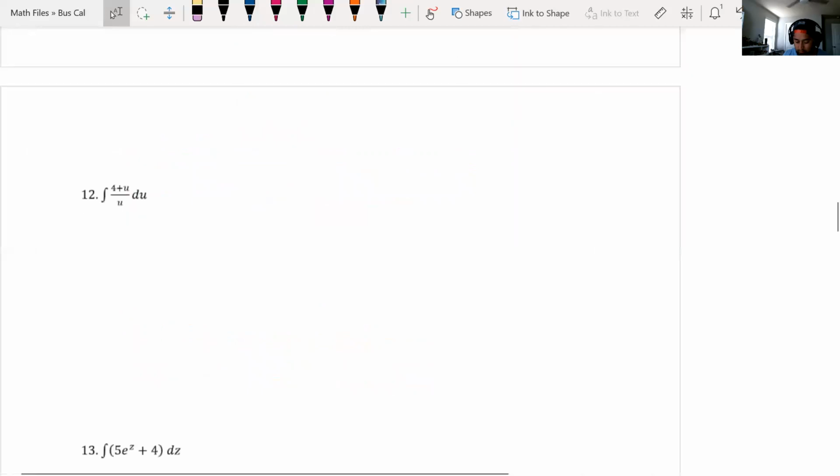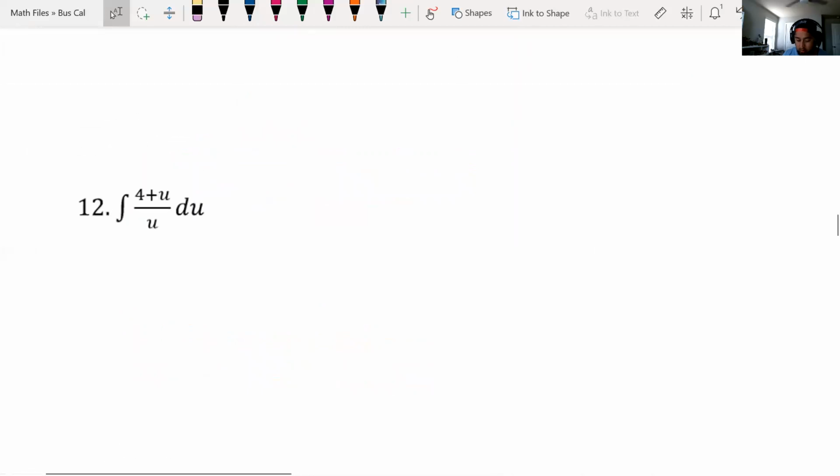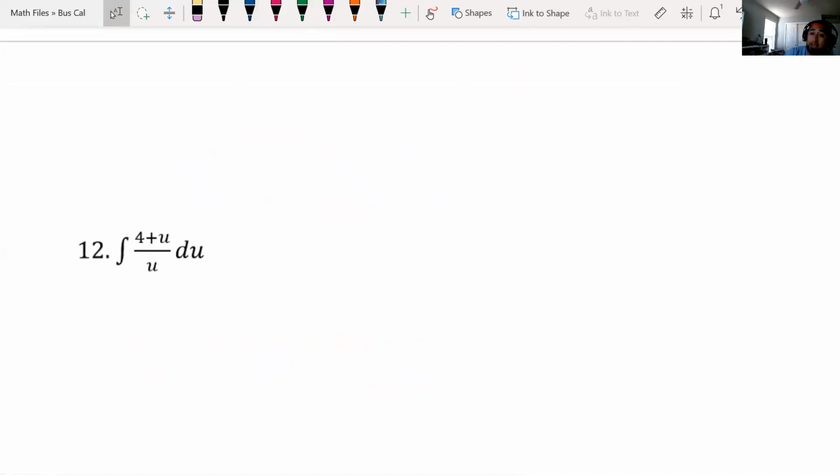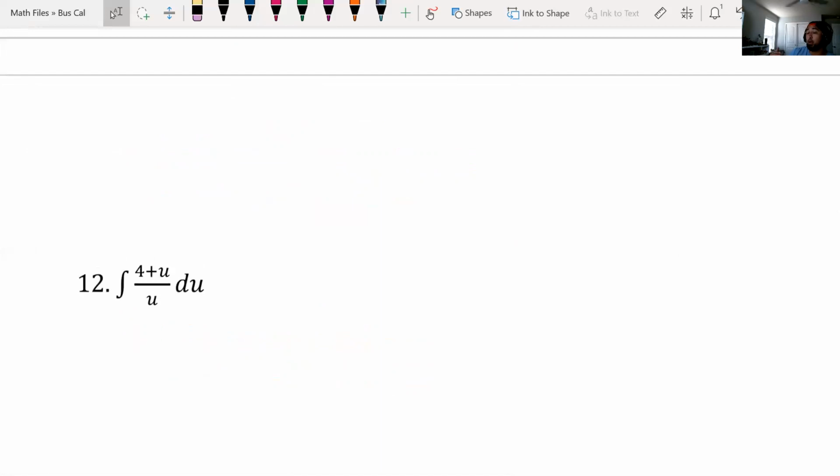Okay, 12. We have the integral of 4 plus u over u du. We don't know how to find the antiderivative in this form. So what we're going to do is manipulate it algebraically. I have 2 terms over the same denominator.